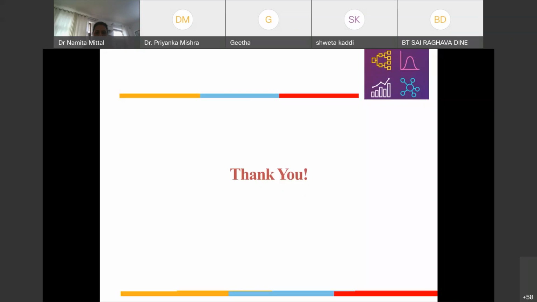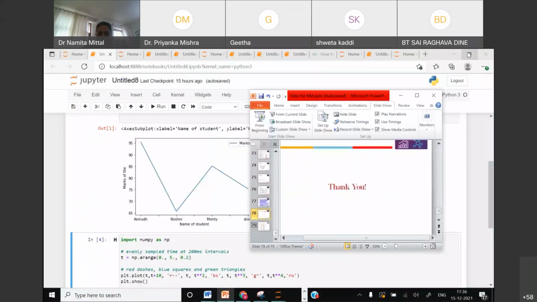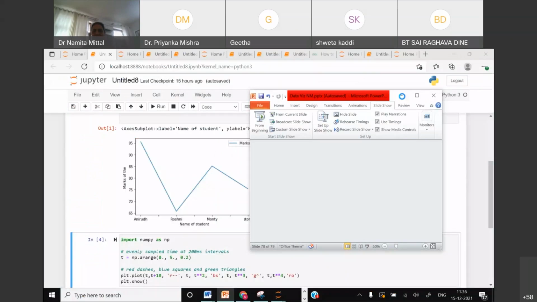It was a very nice session, very knowledgeable session, and you gave so deep insights regarding the codes of Python. And in the first 1 hour, you discussed the theory concept so nicely that it has been so easy to grasp what basically we are talking about in data visualization.